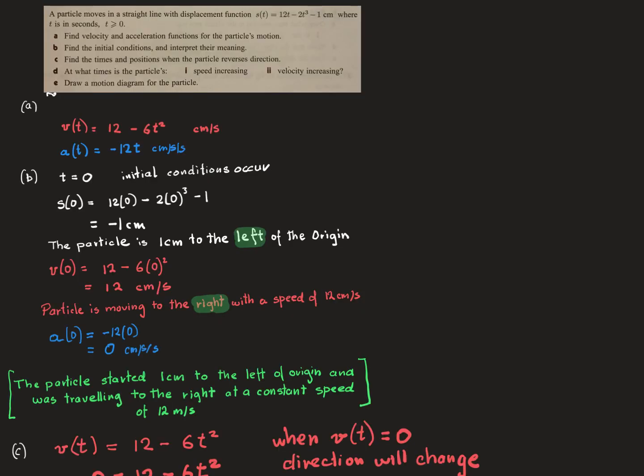To work out number D, at what time is the particle's speed increasing, we need to look at two functions. Both of them I've said before, one is the velocity and one is the acceleration, because the velocity and acceleration are related to its speed.